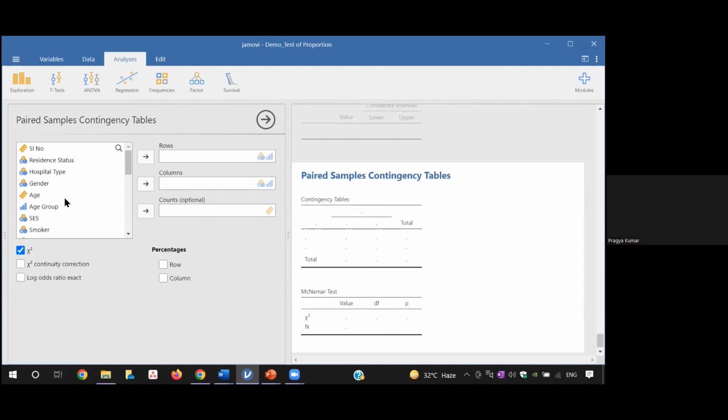So I will shift oxygen requirement into this column. This is the dependent, and then I may see oxygen requirement at the time of admission and just before the discharge. So the other one will be oxygen 2.